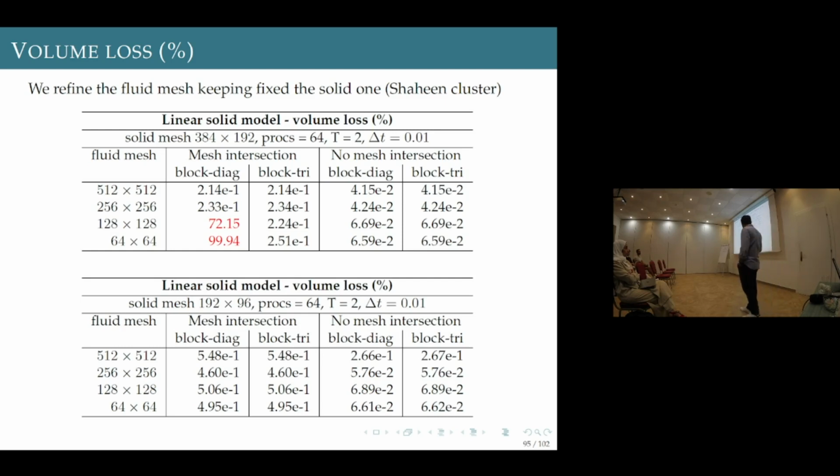While for the case with block triangular, yes, it works, also with mesh intersection. The same if we use a coarse mesh for the solid. The problem probably is the ratio between h of the solid, the mesh size of the solid mesh, with respect to the mesh size of the fluid one. Okay.